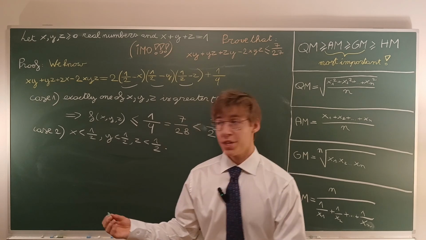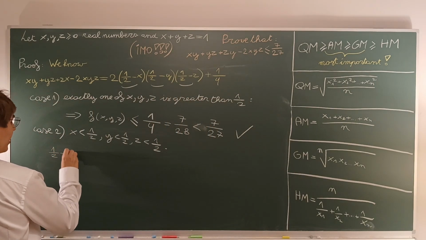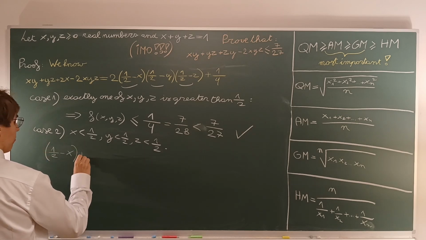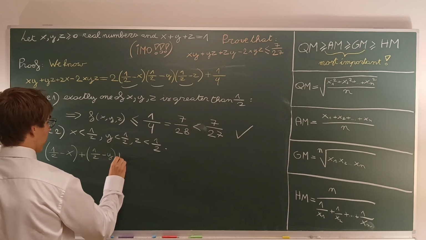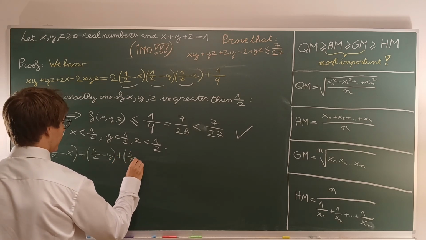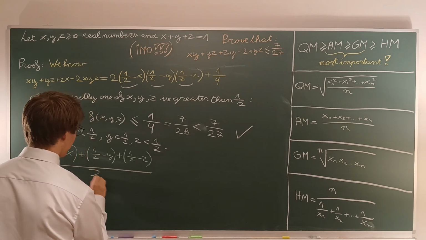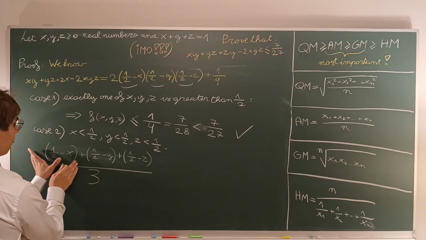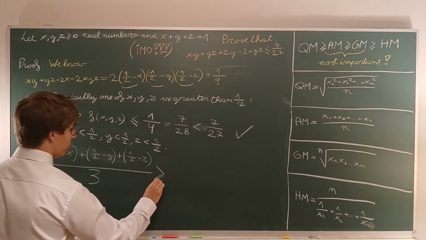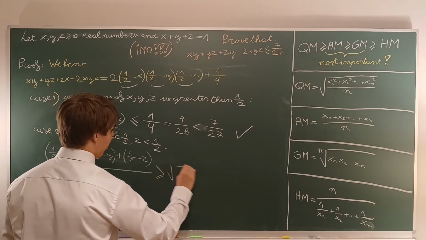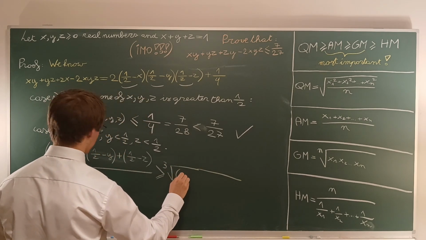So AM-GM gives us that 1/2 minus x plus 1/2 minus y plus 1/2 minus z, over 3, this is AM-GM for these three numbers, is greater than or equal to the third root of their product.